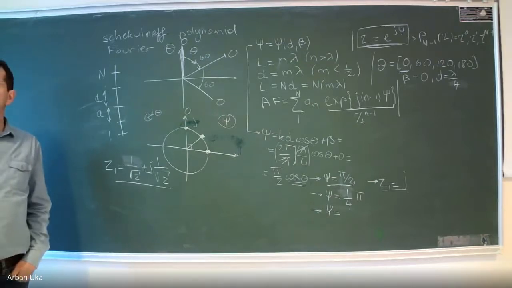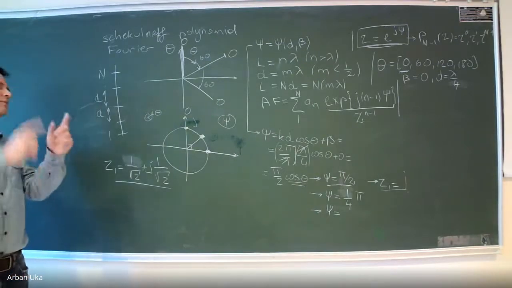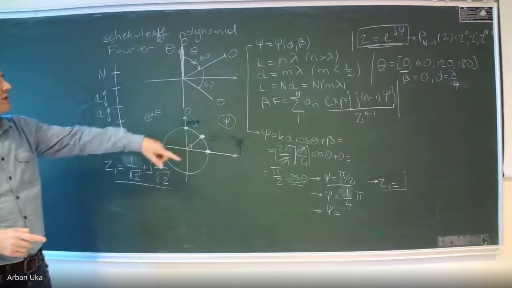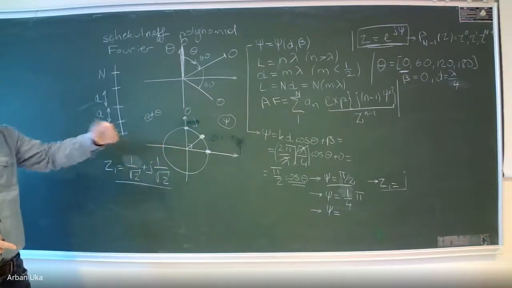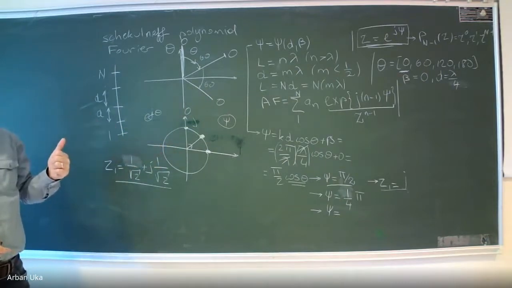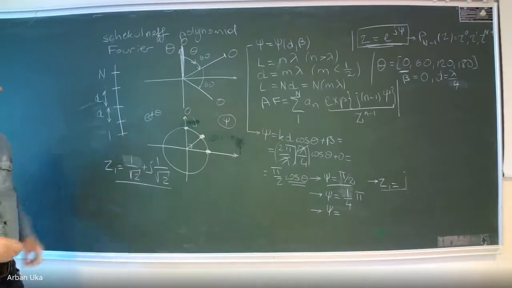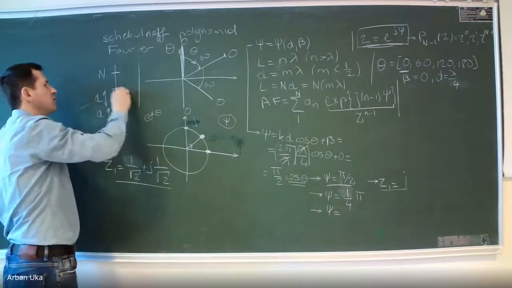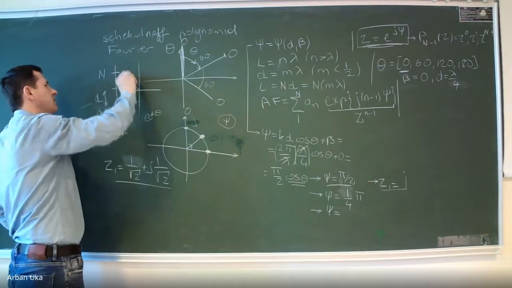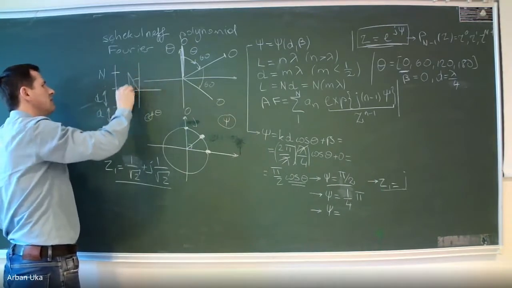Cosine 120 is correct, it is minus cosine 60, minus cosine 30. So this is 120, so we're looking at this one.